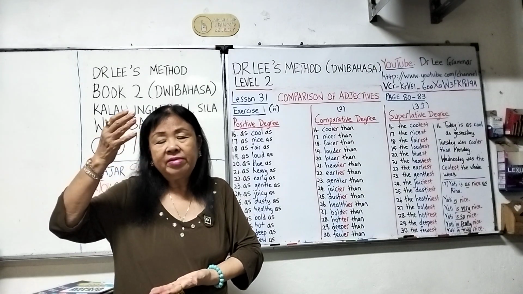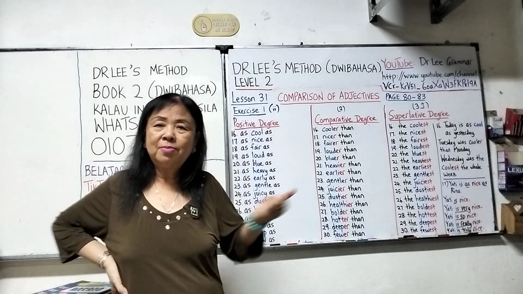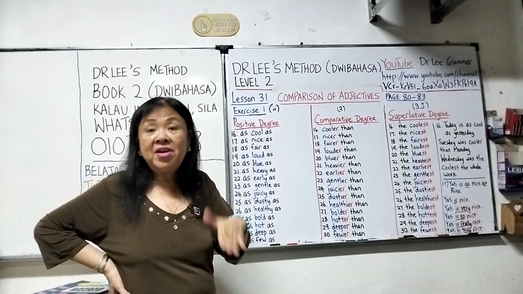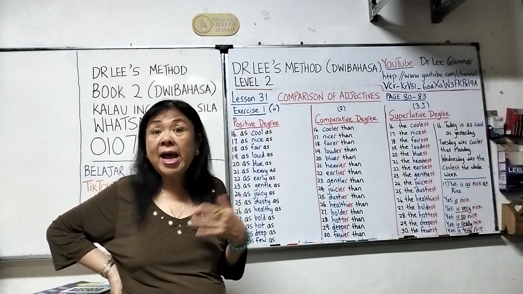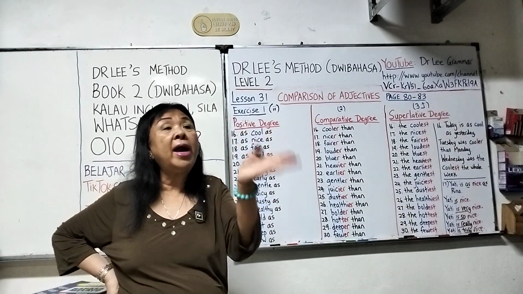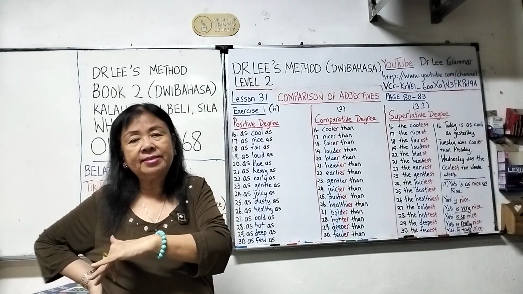If you just have are, then your answer is positive degree. Are very, positive also. Are really, are truly, are so. The answer is still the same, or as. Are as something as, or are as nice as.